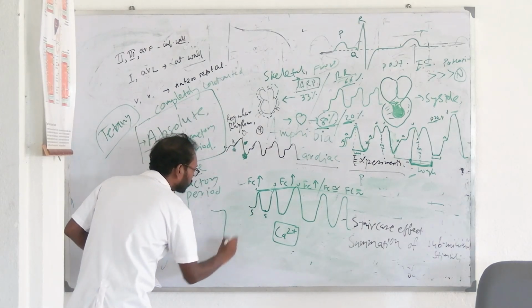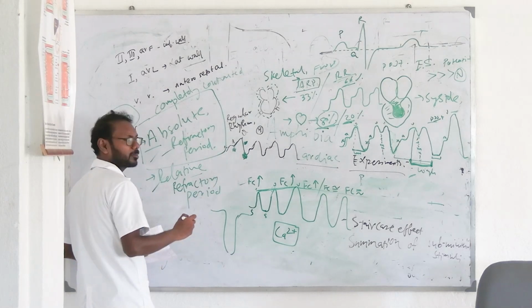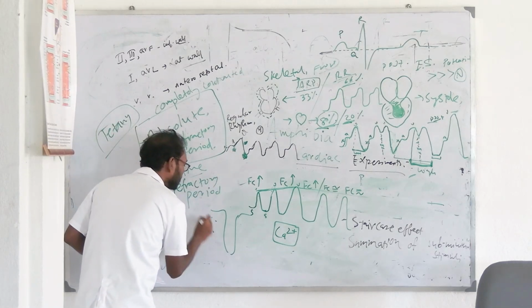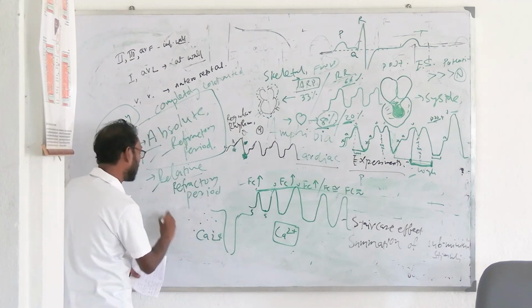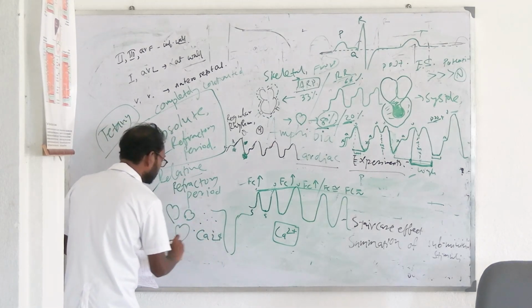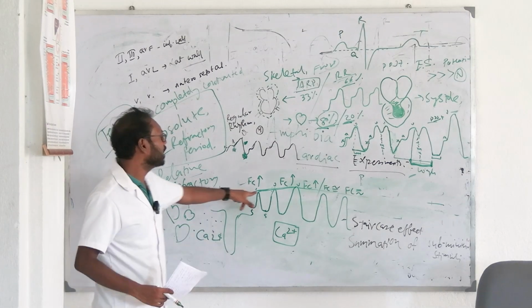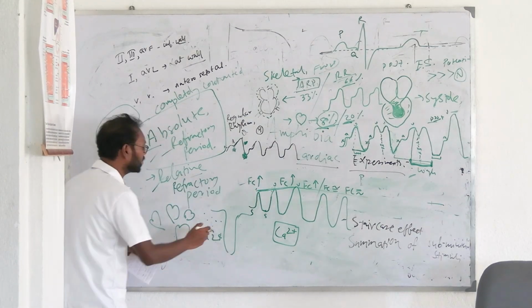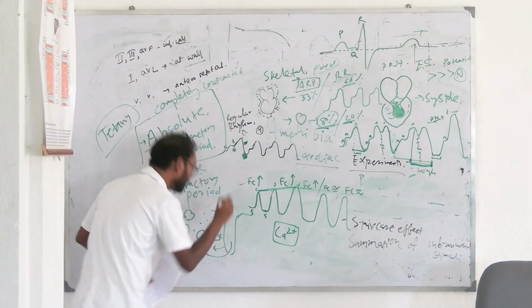Sarcoplasmic reticulum এরকম ভাবে ছিল T shaped. T shaped sarcoplasmic reticulum actually releases your calcium into cardiac cells.